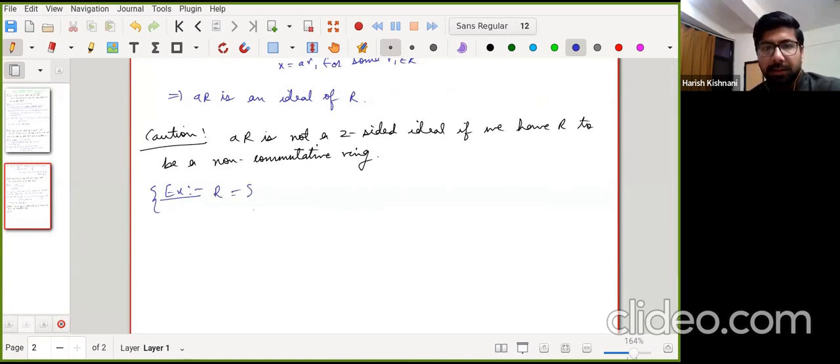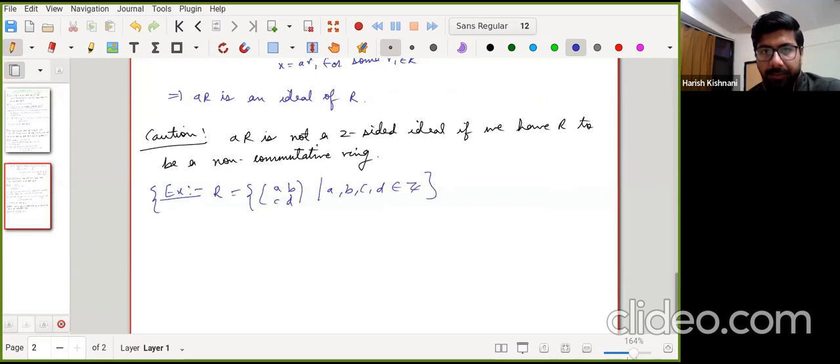So R, you can take to be just the matrix ring over integers, the 2 by 2 matrices with entries a, b, c, and d, all integers.